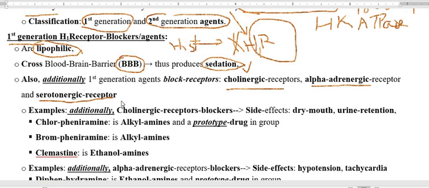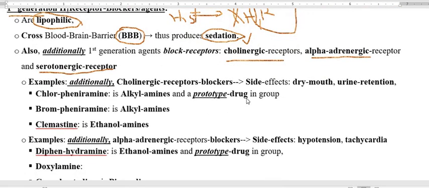But if the drug produces an effect in addition to the H1 receptor blocking effect, that additional effect acts as a side effect. So when the drug blocks the cholinergic receptor in addition to its H1 receptor blocking activity, it is going to produce side effects like dryness of the mouth and urine retention.